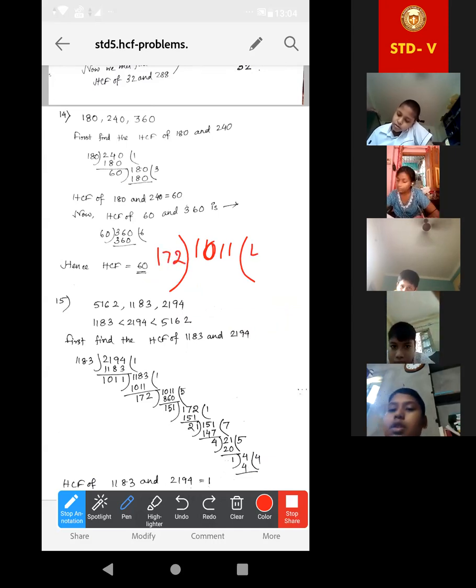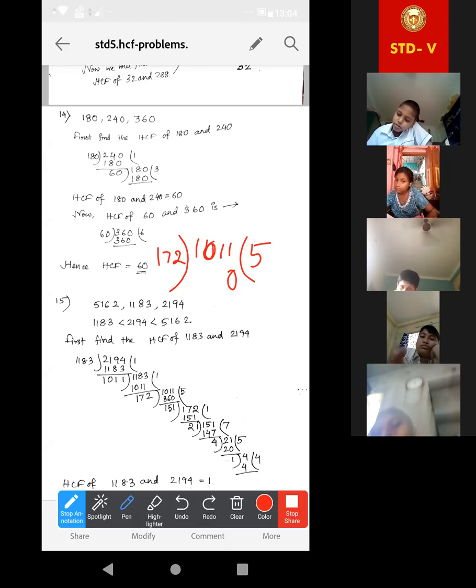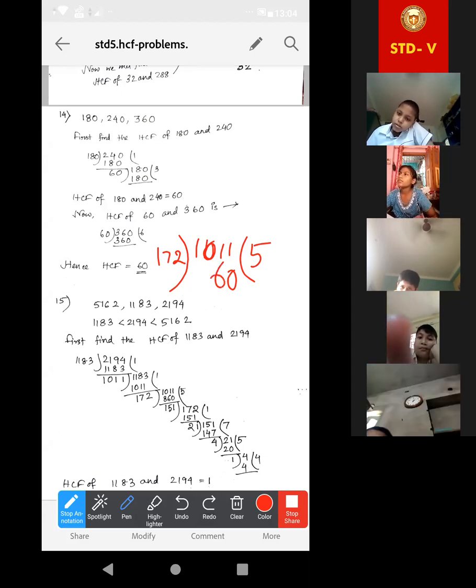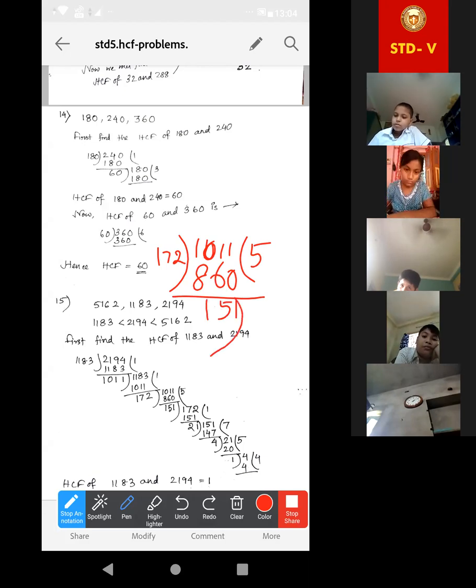Now by 5, look, it will be divisible. 5 2s are 10, carry 1, 5 7s are 35 plus 1, 36, carry 6, 5 1s are 5 plus 36, carry 3, 5 1s are 5 plus this 3, 860. Now do the subtraction.